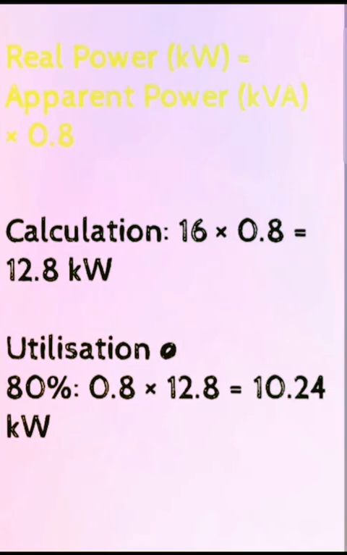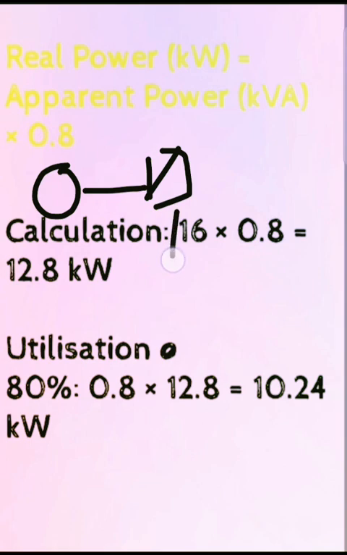Now, looking at this data, first off, we want to use 80% of the generator. In order for us to utilize 80%, let's first convert the apparent power from kVA to kilowatts.